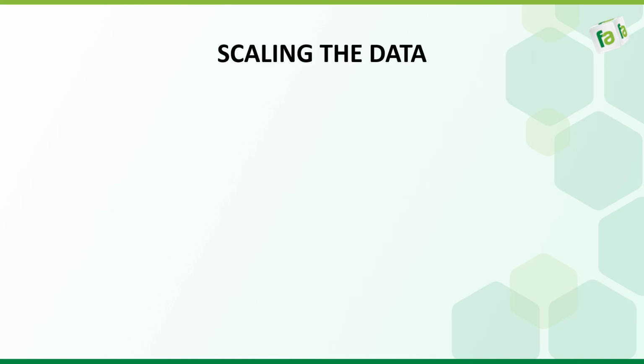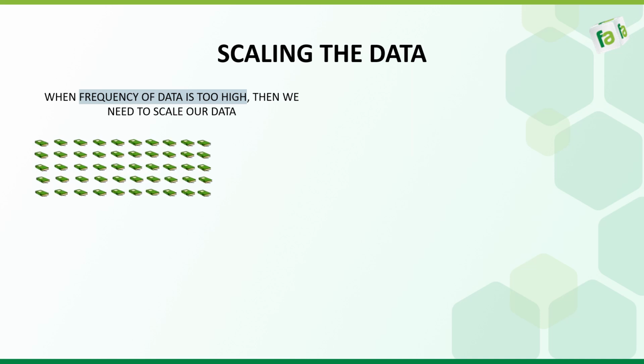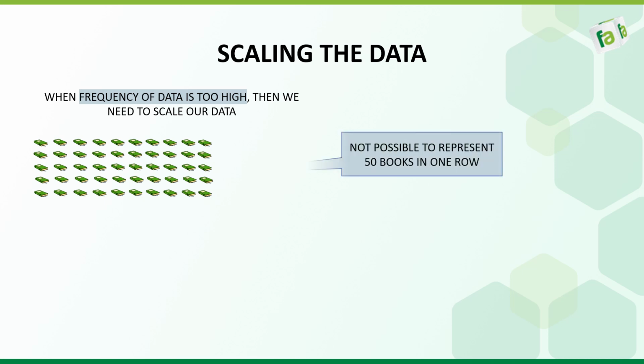Sometimes the frequency of the data is too high, and in such cases, one symbol cannot be used to represent one frequency. In such cases, we can assign a value to the symbol. For instance, if you want to represent 50 books in one row, then it will be very time consuming.